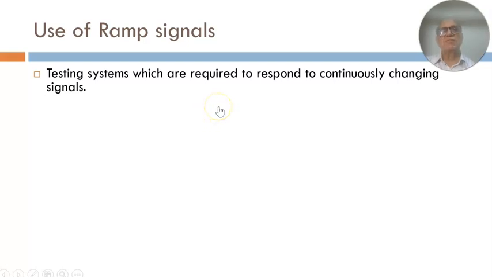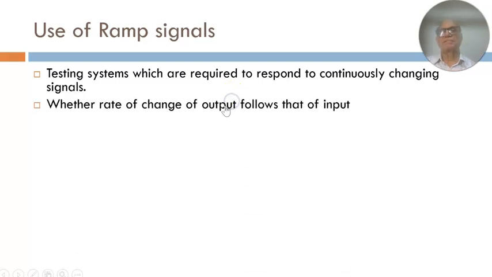However, there are times when your input keeps on changing constantly with respect to time. In that case, at whatever rate it is changing, the system must respond at that rate. So that is where the testing of these systems by ramp input is useful. You provide a ramp and see whether the output is also changing with that slope or not. So whether rate of change of output follows that of input, you can test that.